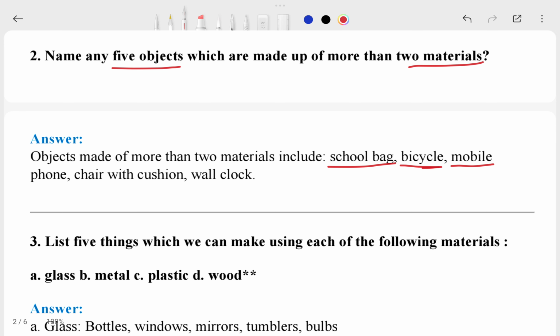Mobiles are also made of materials: the inner part is made with some other part, and the upper part, the touch screen, is made from glass. Like a chair. A wall clock: some internal part is made from iron and something, the outer part is hard plastic, and the upper part is made with glass.